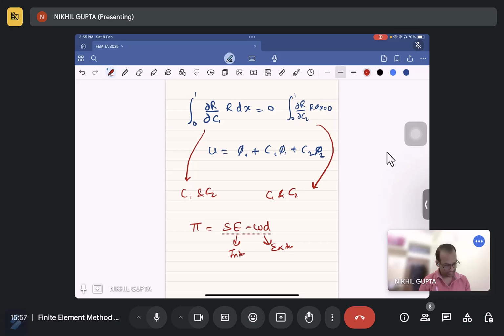Now this internal energy stored, is that itself the potential energy? No, potential energy and strain energy are different things. One type of potential energy is in the form of elastic nature, and that strain energy gives the same thing. So it is a kind of potential energy.